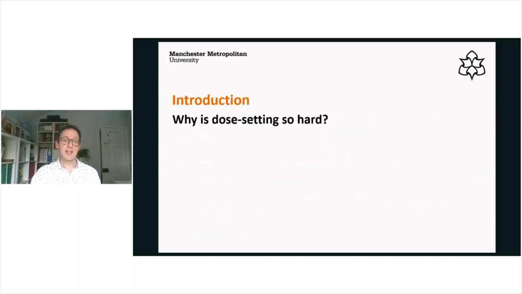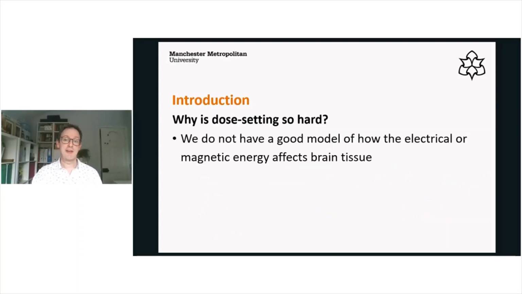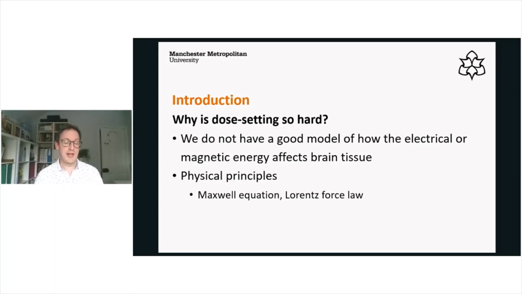One problem in dose setting is that we don't really have a good model of how electrical or magnetic energy affects the brain, or at least gets from the stimulator to brain tissue and thereby has an effect. Now, we know the physics behind all of this, so we know there are things like Maxwell's equations and Lorentz laws.